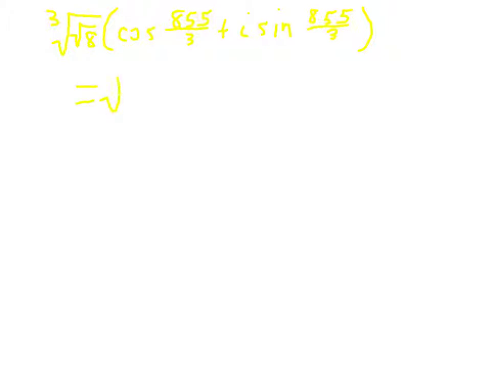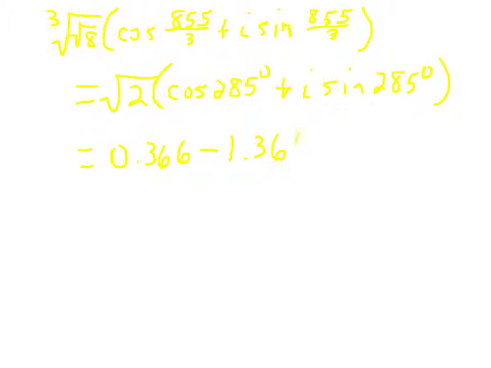So again, I'm going to end up with the square root of 2 times the cosine of 285 degrees plus I sine of 285 degrees. Entering those values into your calculator, this is going to be approximately equal to 0.366 minus 1.366i.